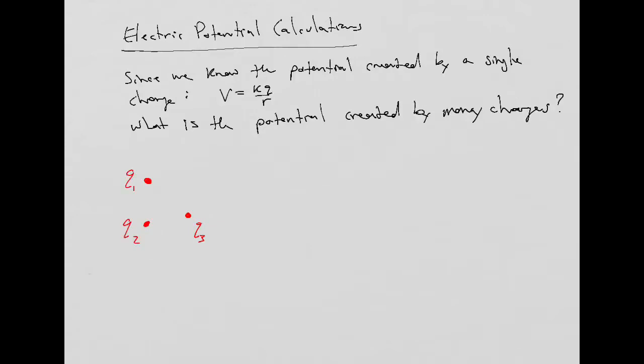Now, this is not going to be very similar to, well, it is and it isn't. We're not worried about the pairs of charges anymore. What we're looking at is, suppose we have a point that we're interested in. We want to know what the electric potential is at that point.